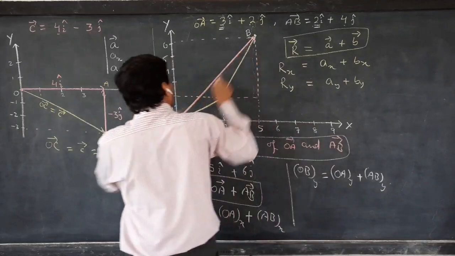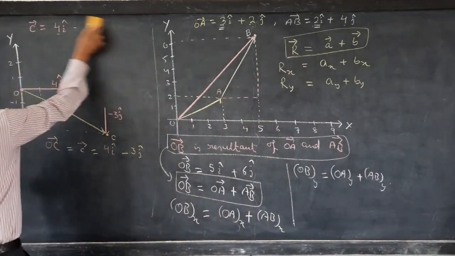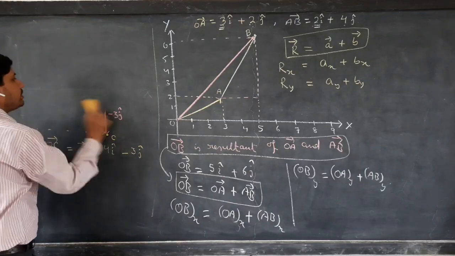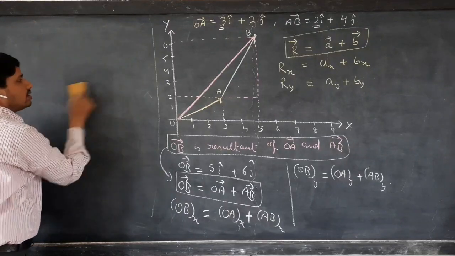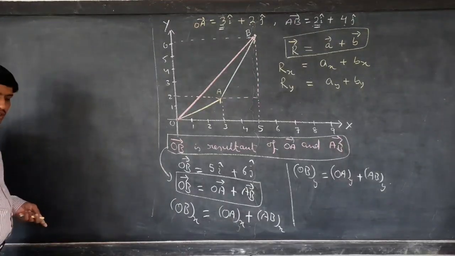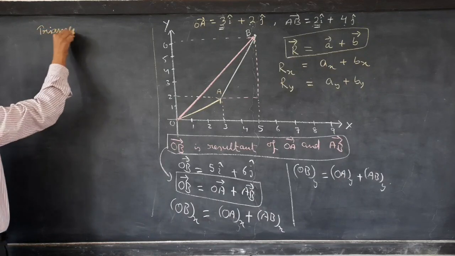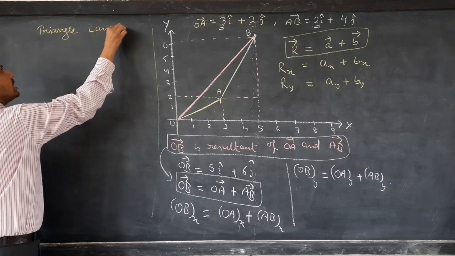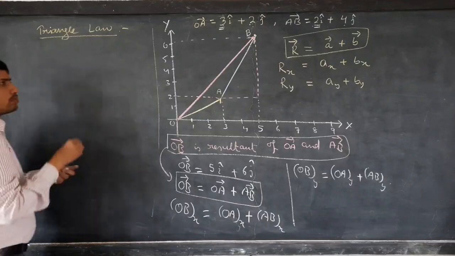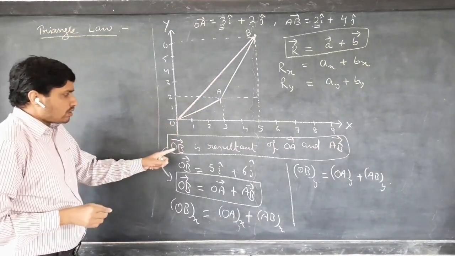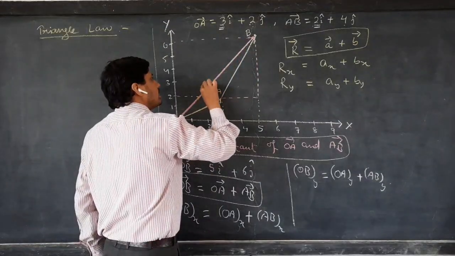Here, what you see is a shape that we know as a triangle. And this figure is usually what is explained in the textbooks as the triangle law of vector addition. I am redrawing that figure, or I can explain here only. So here we have written this OB vector is the resultant.